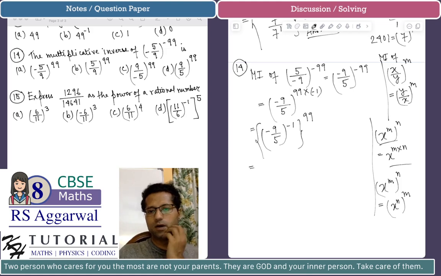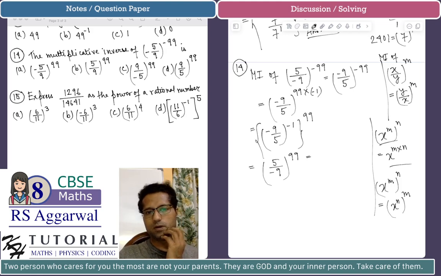Now minus 9 by 5 raised to the power minus 1 means the reciprocal of minus 9 by 5, that is 5 by minus 9, raised to the power 99.